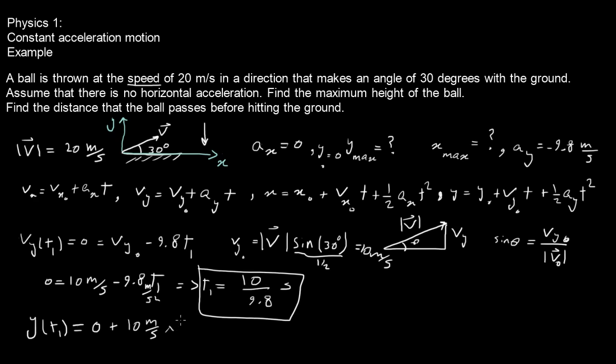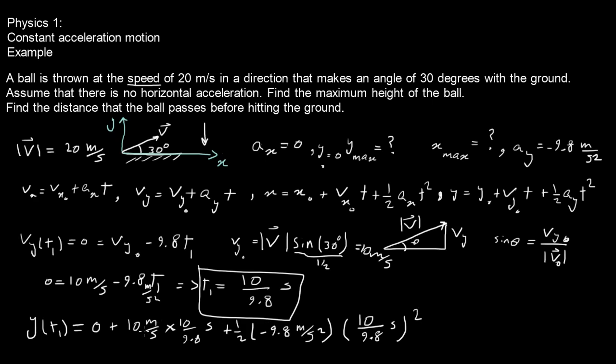So times 10 over 9.8 seconds, plus half ay, we found it here, it was minus 9.8 meters per second square, t1 square. So it's 10 divided by 9.8 second square.